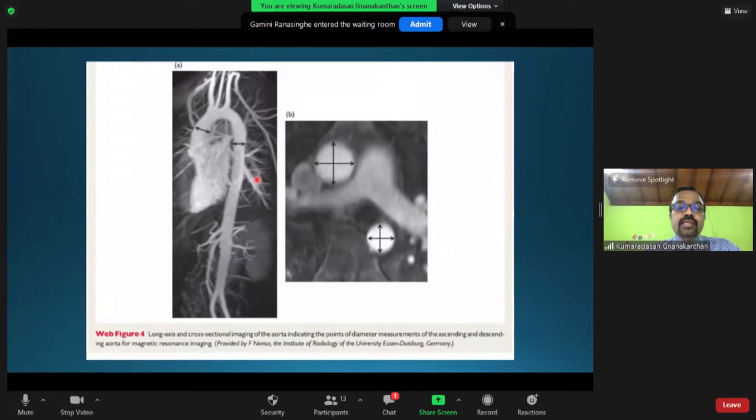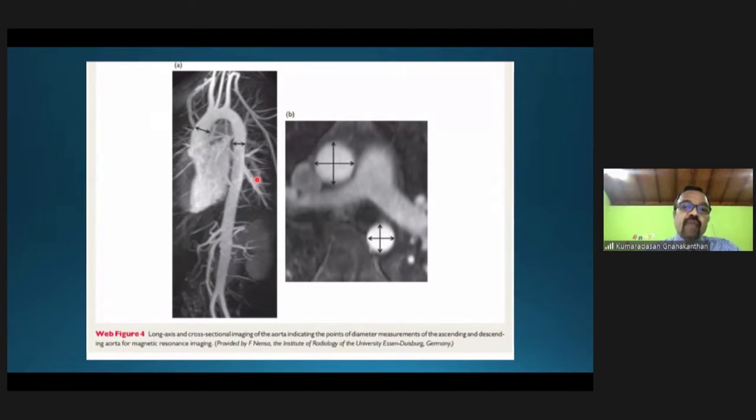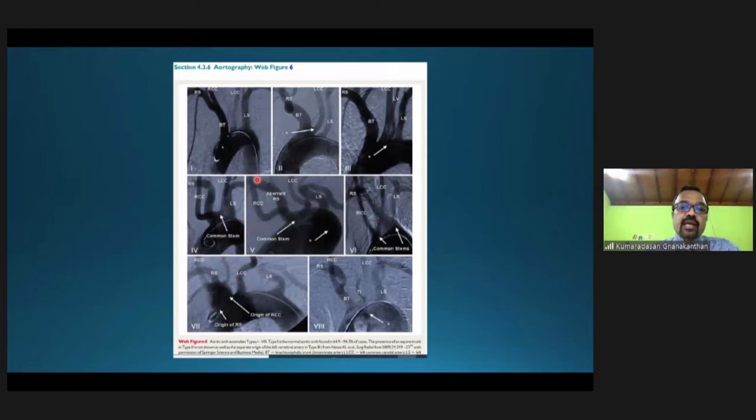Then the CT aortogram or MRI aortogram, which is useful in planning the surgery, because with the echocardiogram we can say whether there is a dilatation, but the extent of the aneurysmal dilatation cannot be assessed properly with echocardiogram alone. Therefore, we need a CT aortogram prior to surgery.